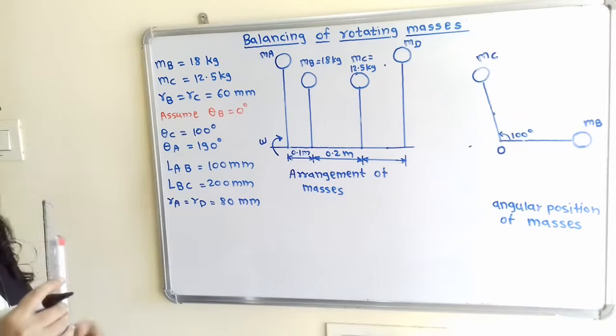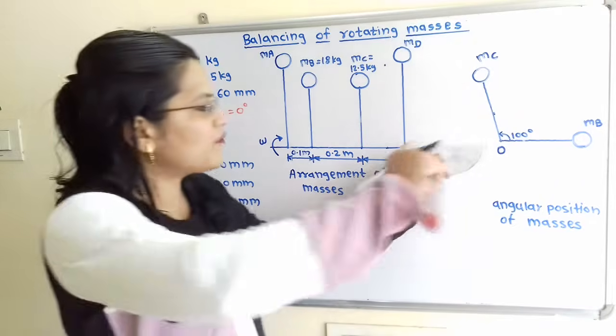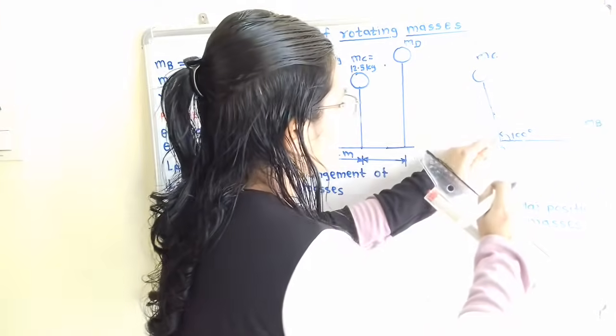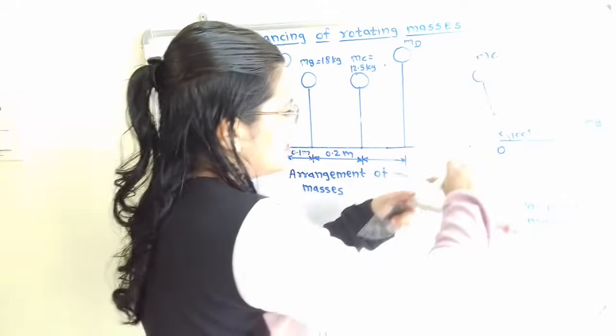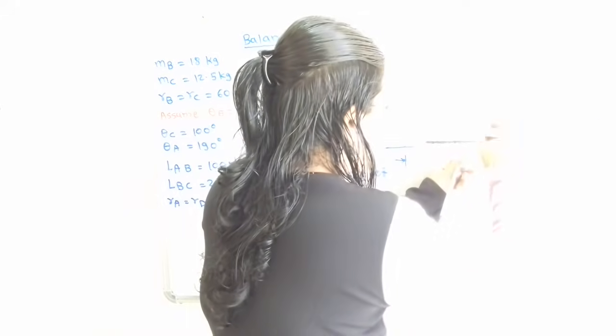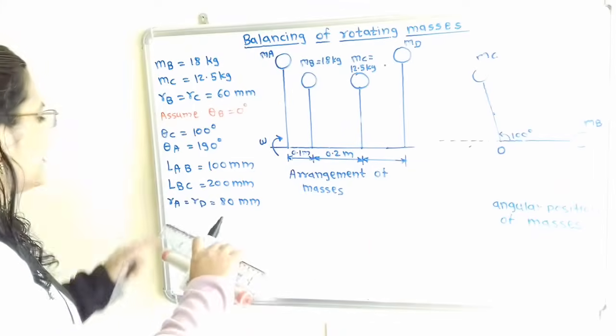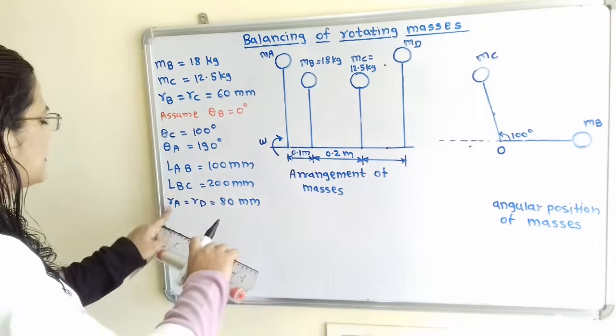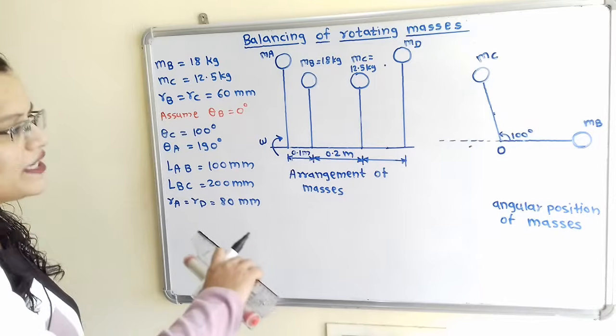Now we will move next, that is theta A. So it is 190 degree. So after this 180 degree, that is this horizontal line, if I extend, then here this 180 degree is getting completed. And after this 180 degree, if I extend this up to 10 degree, then again we have to draw one line. Now for this theta A eccentricity, that is the distance is 80 millimeter.